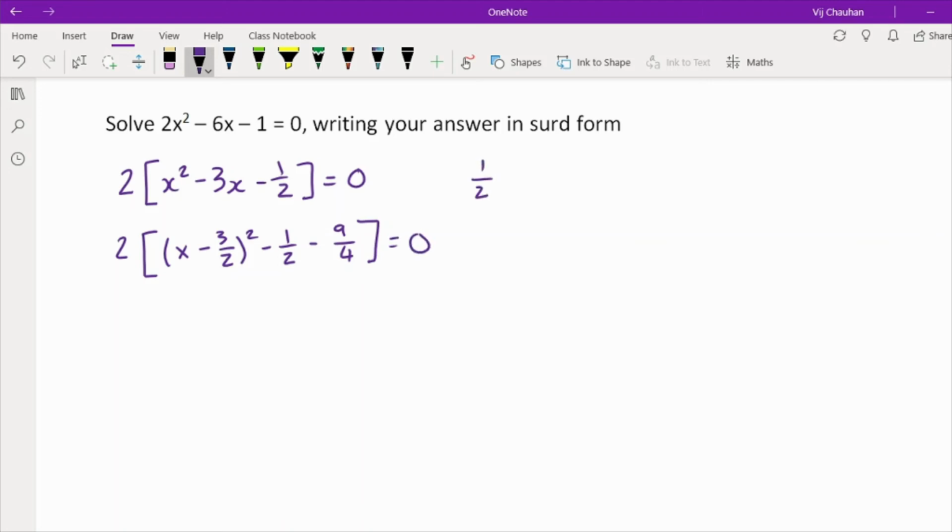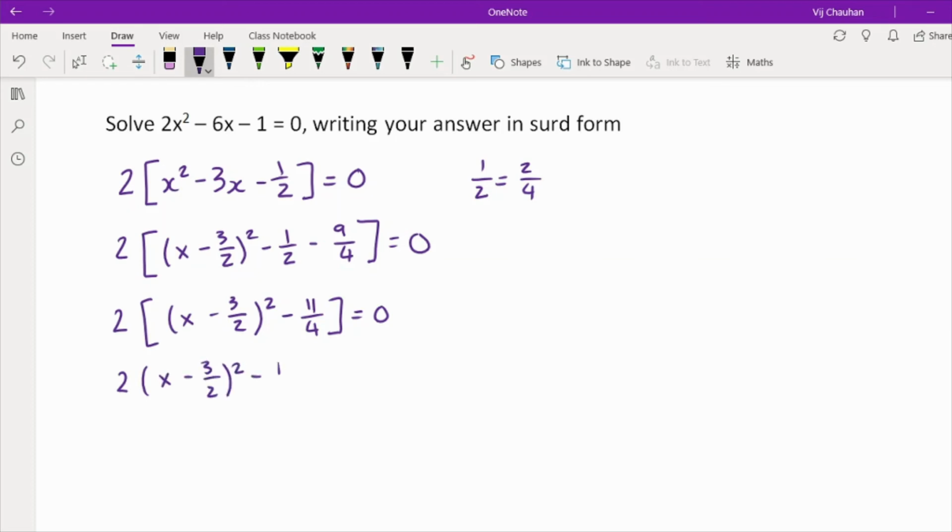So here we've got a half is the same as 2 over 4. So we've got 2 bracket x minus 3 over 2 squared minus 11 over 4, all equal to 0, and then multiplying out the 2 we get (x minus 3 over 2) squared minus 11 over 2 equals 0.